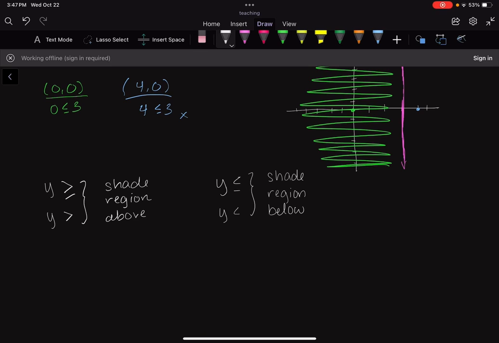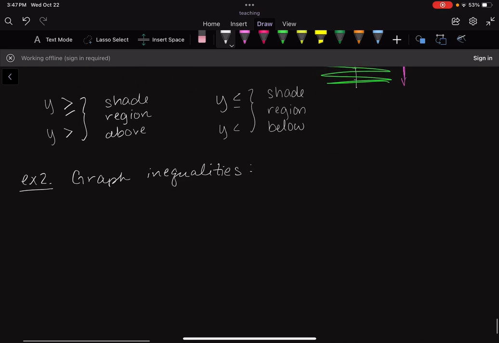Now we can also see nonlinear inequalities. I don't believe the homework really shows you any of these, but we can see them. So for instance, let's do y is greater than x squared.